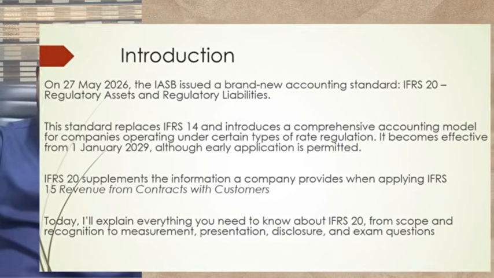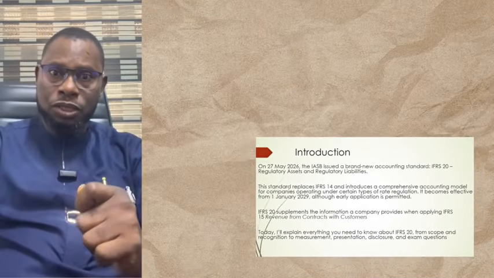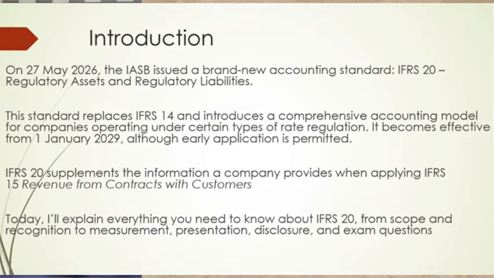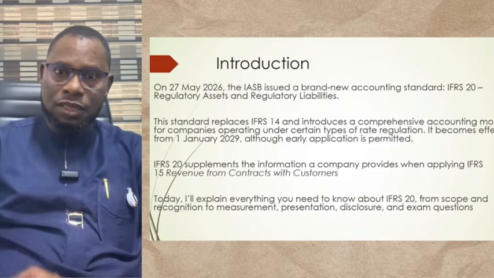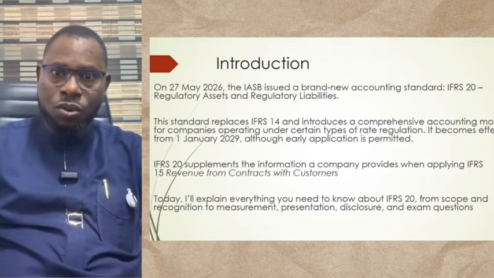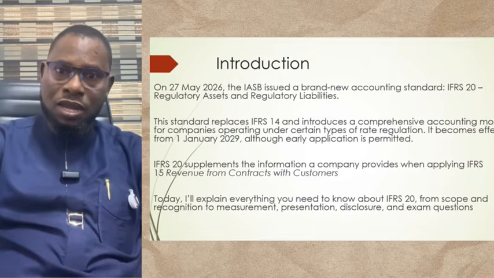In other words, that is when it is going to be mandatory for companies to apply it. But for now, early adoption of this standard is allowed. So if you're a company, if you're an accountant, if you work in this industry, why don't you take advantage of the early adoption of this standard and straighten your financial processes? So let's delve into it. If you're ready, let's go.